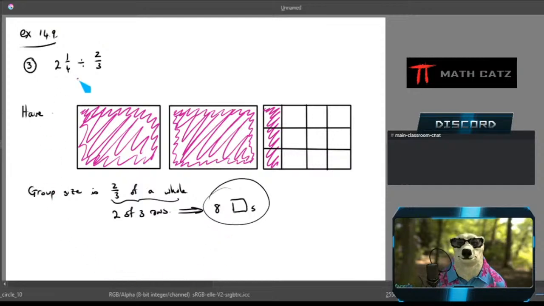Now when I look at what the instructions want me to do with that group size, which is fitting it into the pink, now it matters what I actually have. Because I'm going to see how many times 8 pieces can fit into the pink that I have, I of course need to split the others up as well. So everything needs to look the same. I need to see those pieces everywhere.